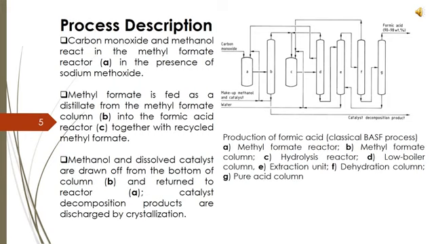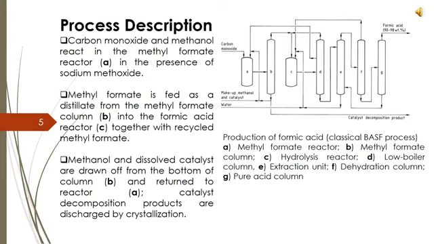As you can see, an arrow from A to B shows that the methyl formate produced in reactor A is fed to the methyl formate column B, the second column, where it is distilled and the distillate is fed into C. Along with that, recycled methyl formate also comes into C, which is the hydrolysis reactor.